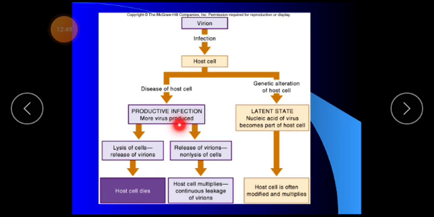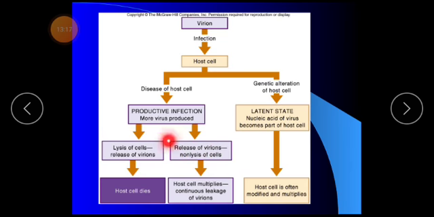In productive infection, more virus is produced. Here we have lysis of the cell and release of virions. If the cell lyses, the host dies, and if the host cell multiplies, there is continued release of virions.